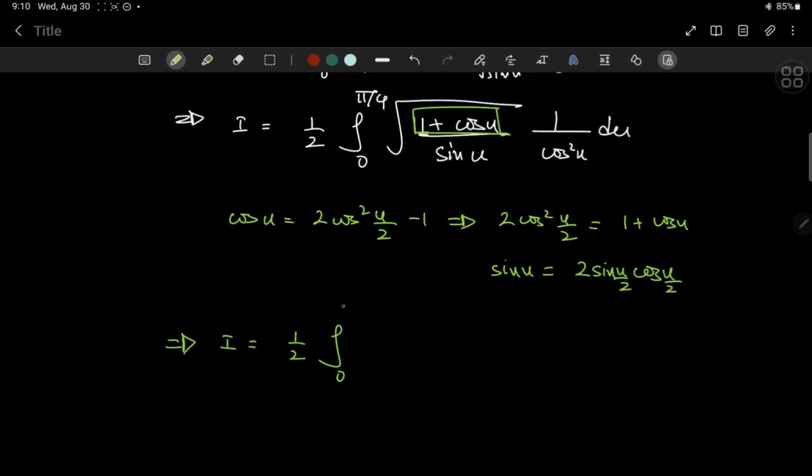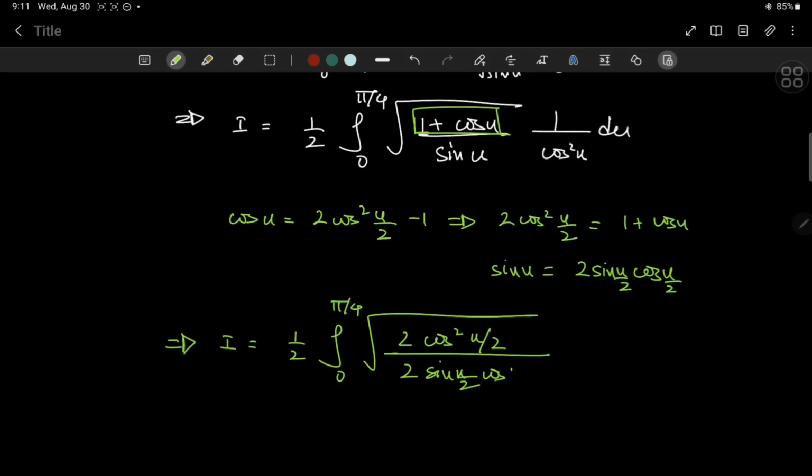So that's 1/2 the integral from 0 to pi by 4 of the square root of 2 times the squared cosine of u by 2 divided by 2 times the sine of u by 2 times the cosine of u by 2. Okay, cool.